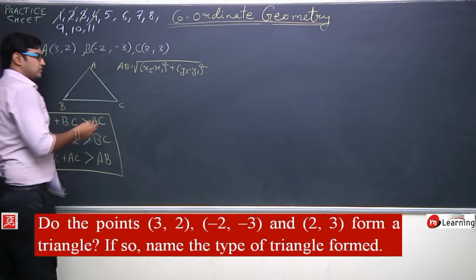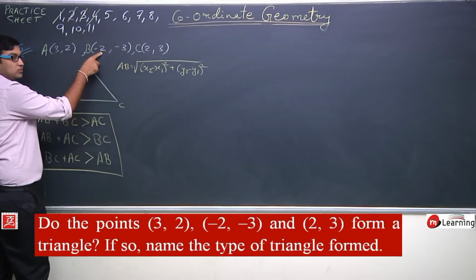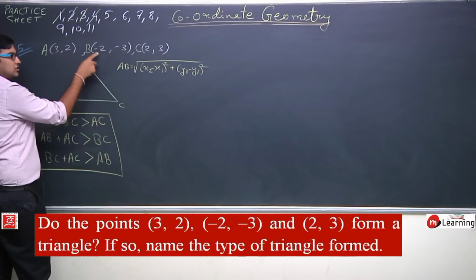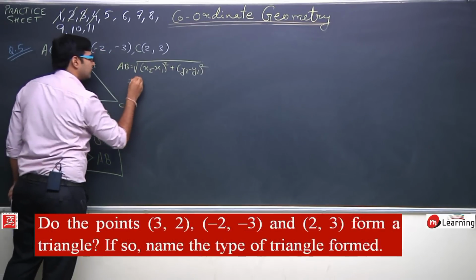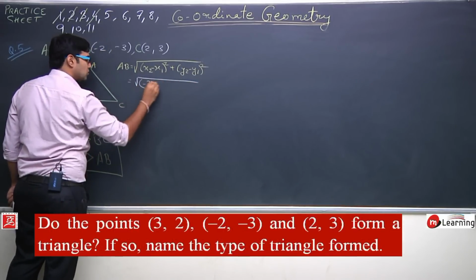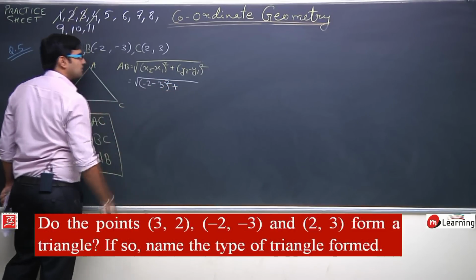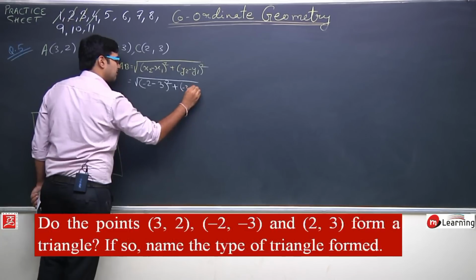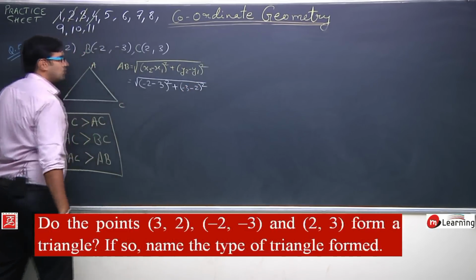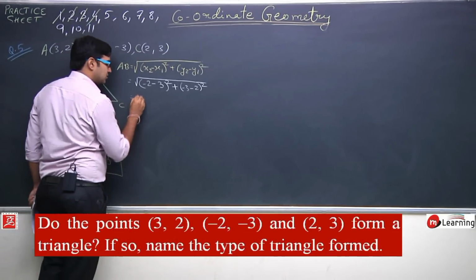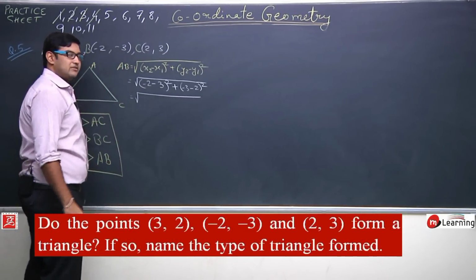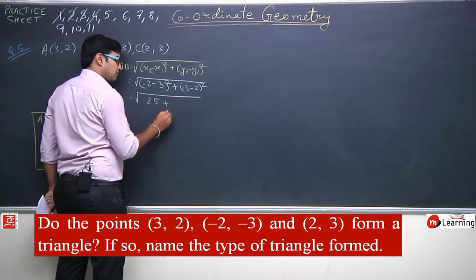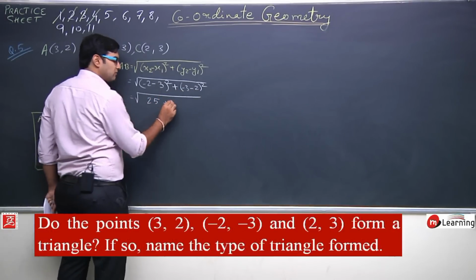So the coordinates of B will become (x2, y2) and A will become (x1, y1). So it will become the square root of (x2 is -2 minus x1 is 3) whole square plus (y2 is -3 minus y1 is 2) whole square. Further solving this, -2 minus 3 becomes -5. The square of -5 is 25, plus -3 minus 2 is -5, and the square of -5 is 25.